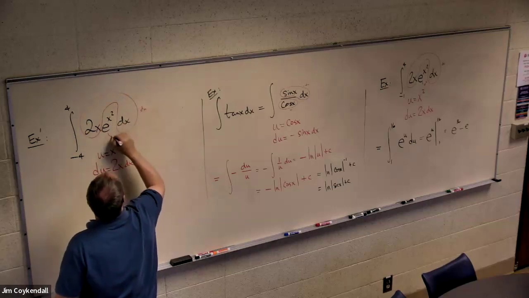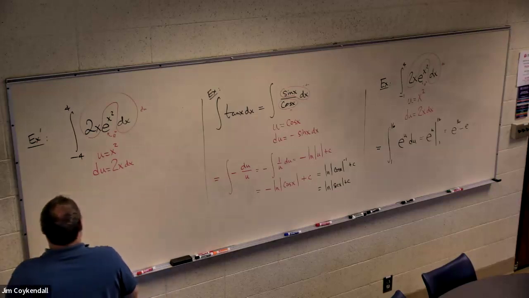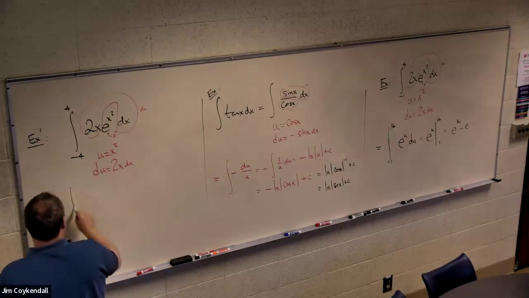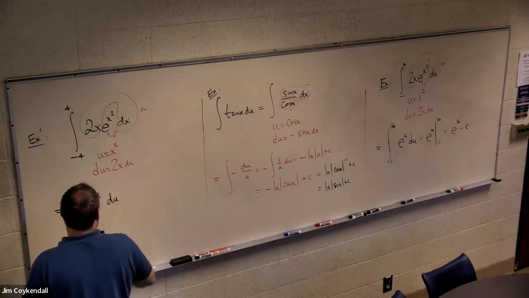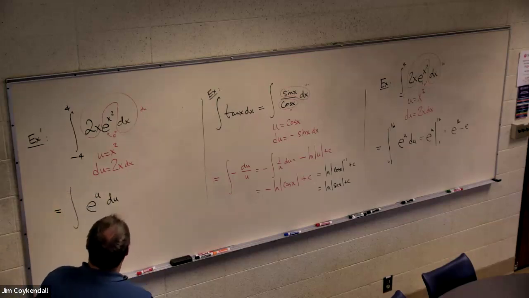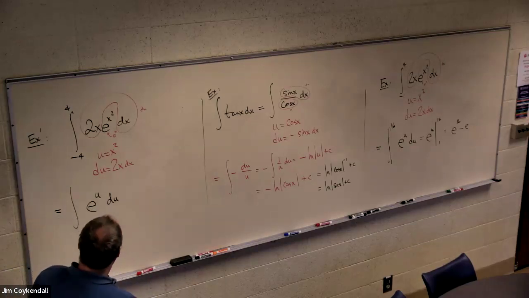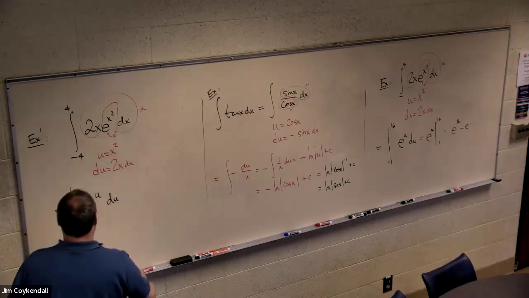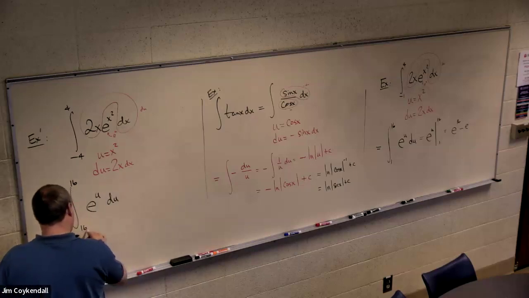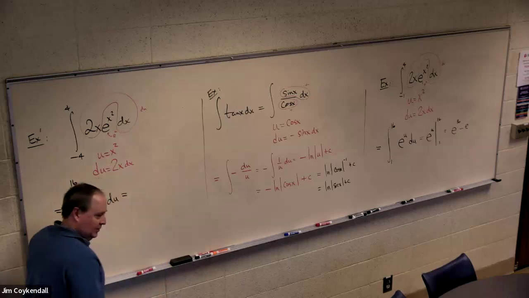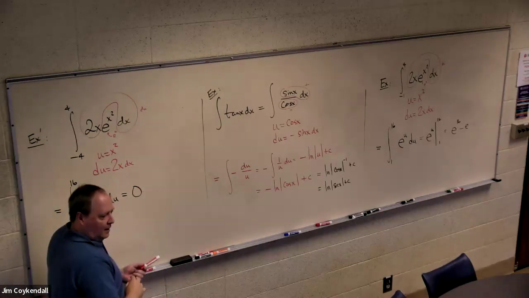This is du. It's all working out the same. What's my new top limit? Could be saying 4. What's my new bottom limit? 16. Wow.